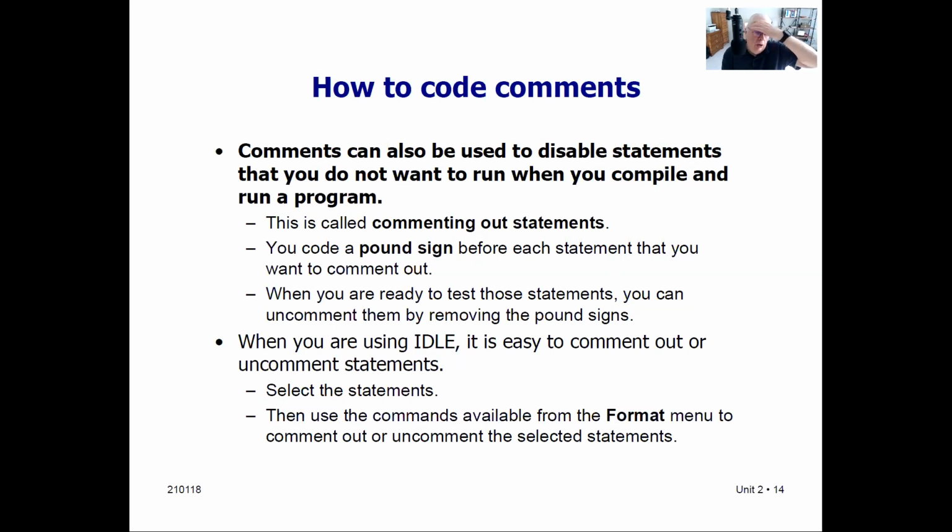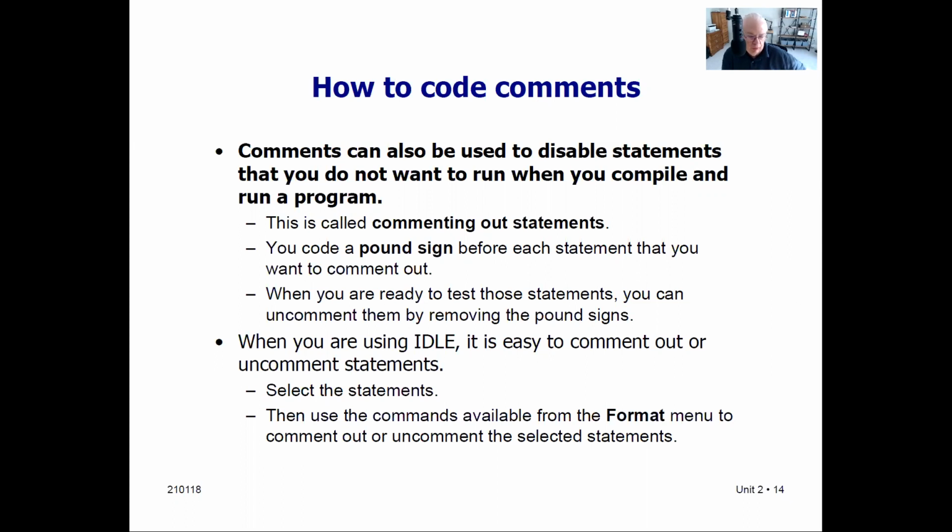That's possible. All you have to do is put a pound sign on the left-hand side of the offending line that you want to comment out. This is very consistent in Unix. We do this in configuration files, we do it in other programming languages, and we do it in Python. So it's pretty simple to do.